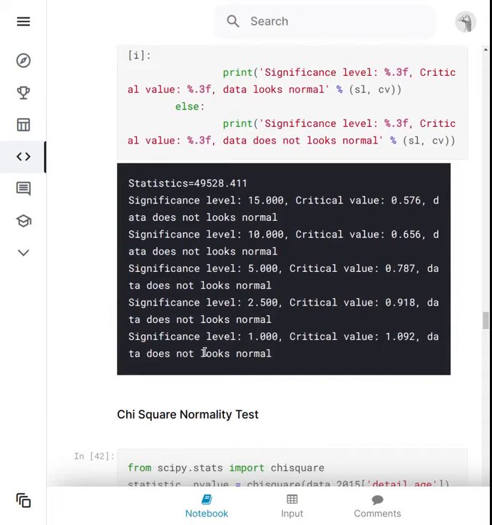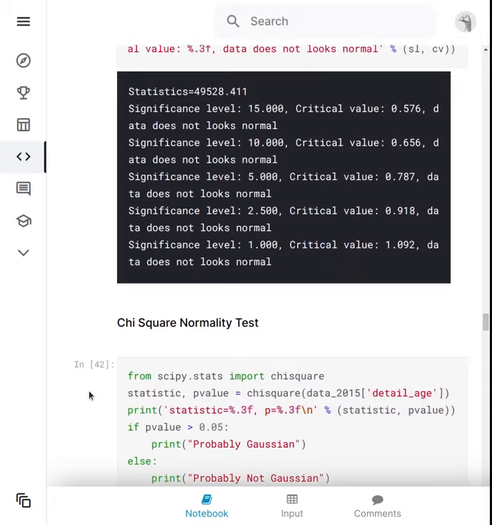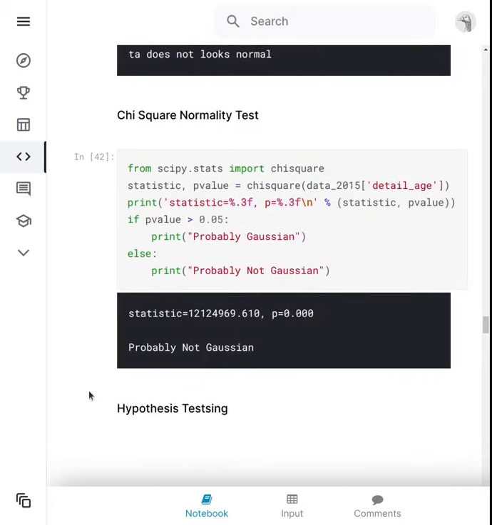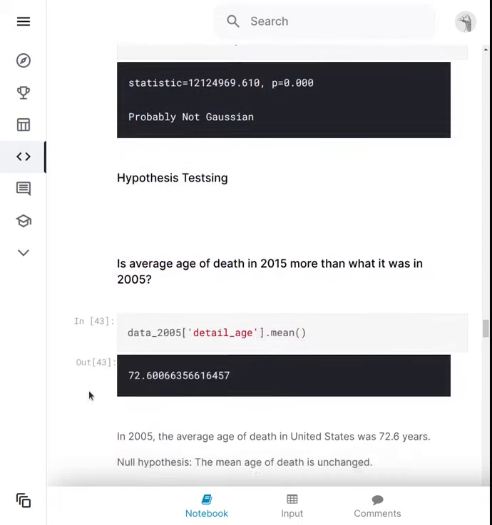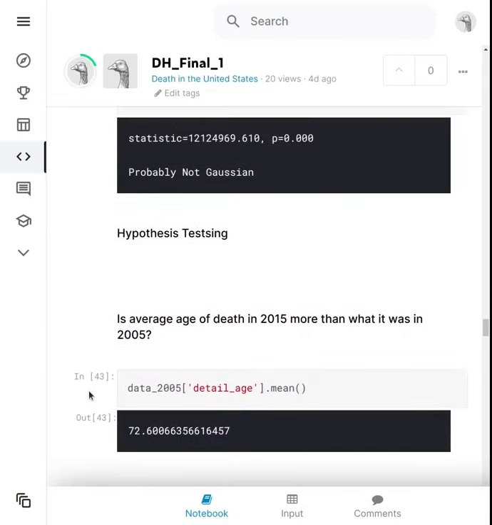In the Anderson-Darling test, the significance level is more than the critical value every time and it does not look normal. That is why we rejected this test. Then we decided to do the chi-square normality test where again the p-value was equal to 0. After performing all these tests, it can be said that the distribution of age of death is not normal.